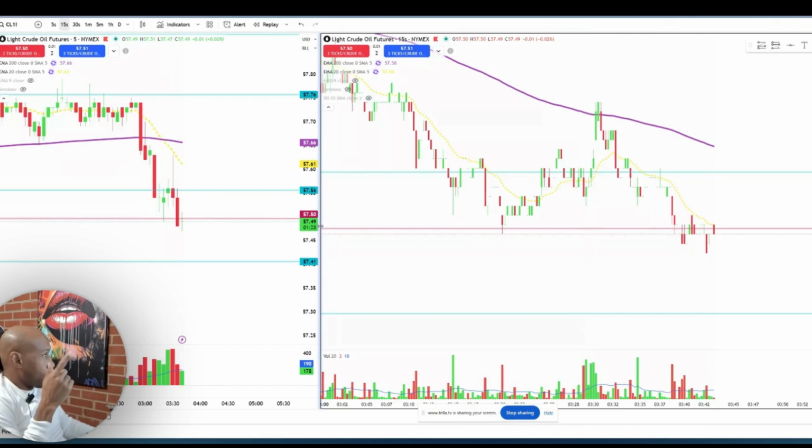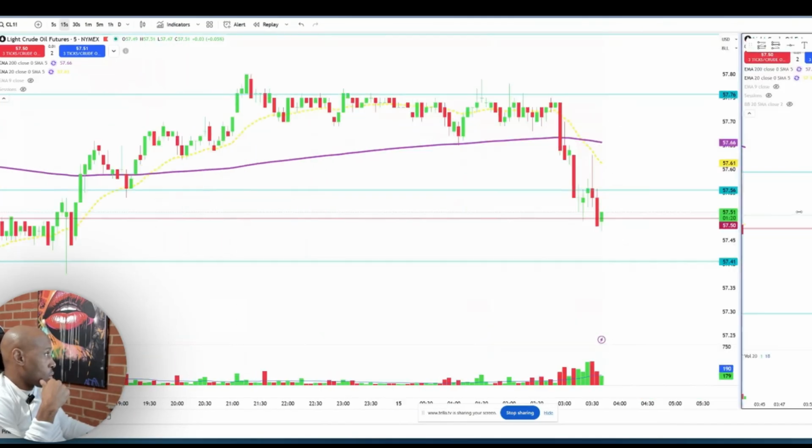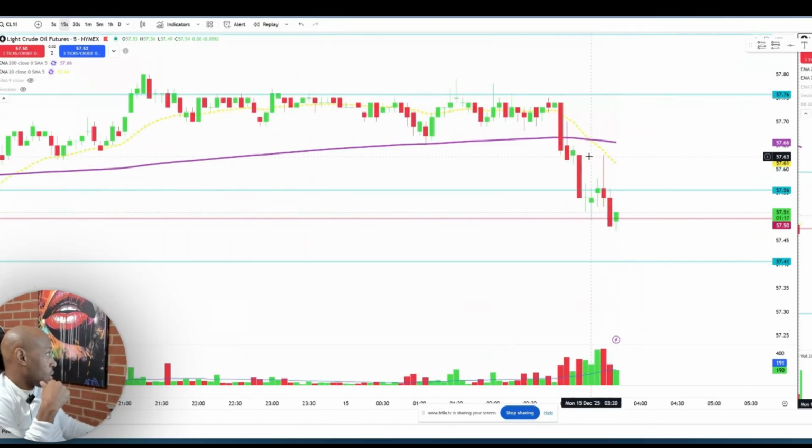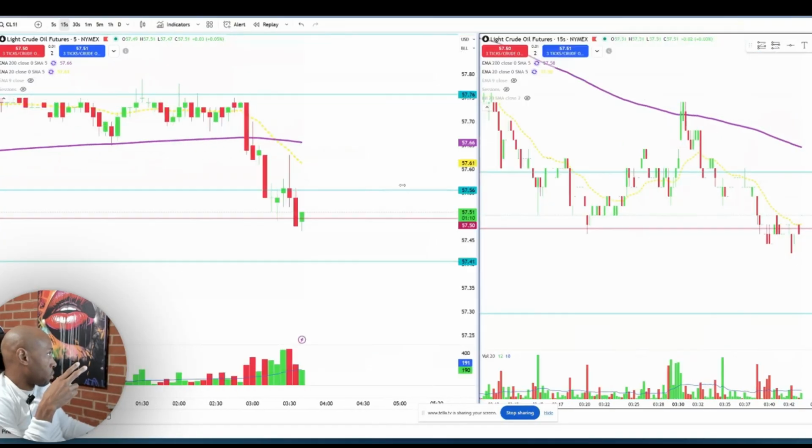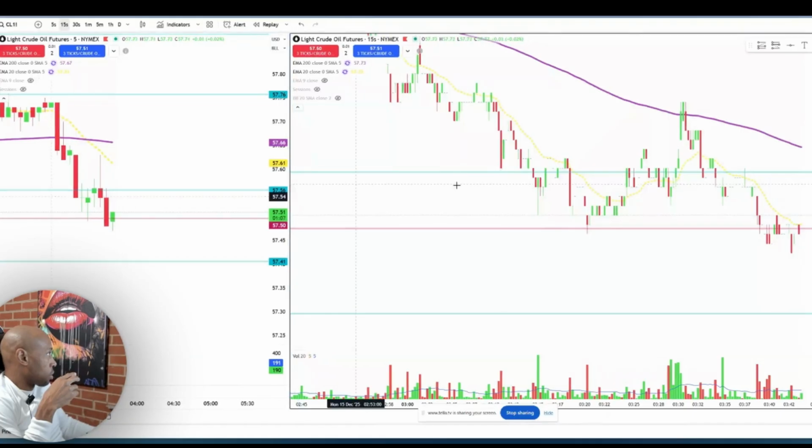Because I also look for pullbacks into my 20 EMA, and that was a pullback into the 20 EMA. Bro. On the 5-minute, it was a pullback into my yellow line right here. That's my 20 EMA. The EMAs on the 5-minute hold the most weight, and then I look at the EMAs on my 15-second.